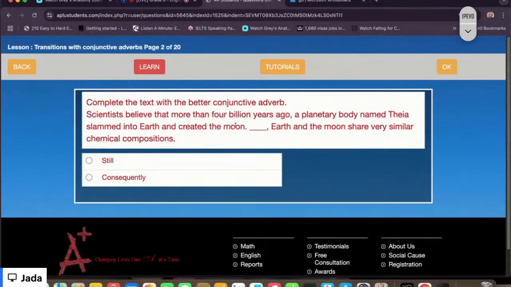So scientists believe that more than 4 billion years ago, a planetary body named Theia slammed into the Earth and created the moon. Dash, Earth and the moon share very similar chemical composition. Still or consequently, which of them?